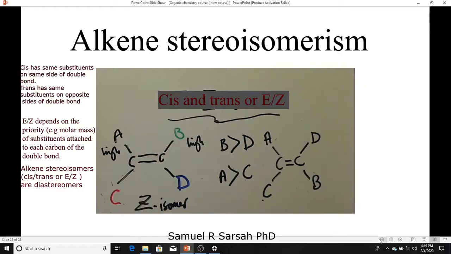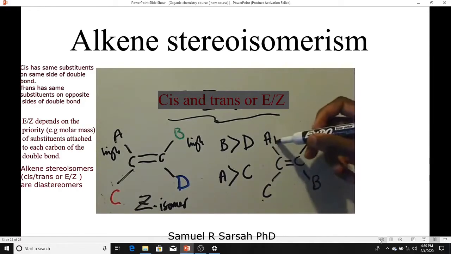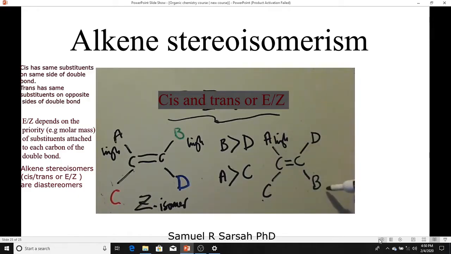I just focus on which substituents are higher priority. So in this case we have the higher priorities on opposite sides. So this is an E isomer or E alkene.